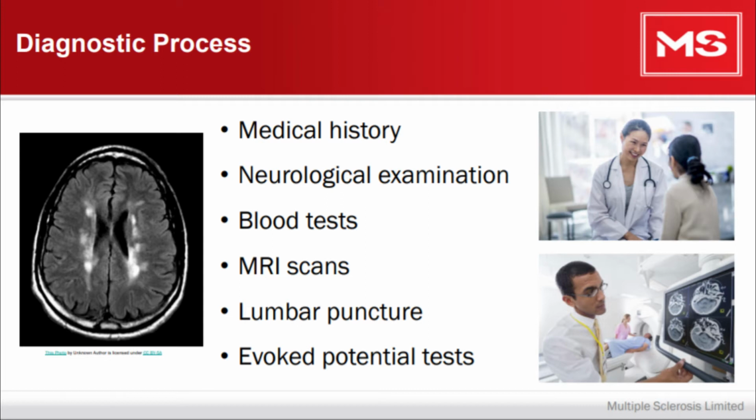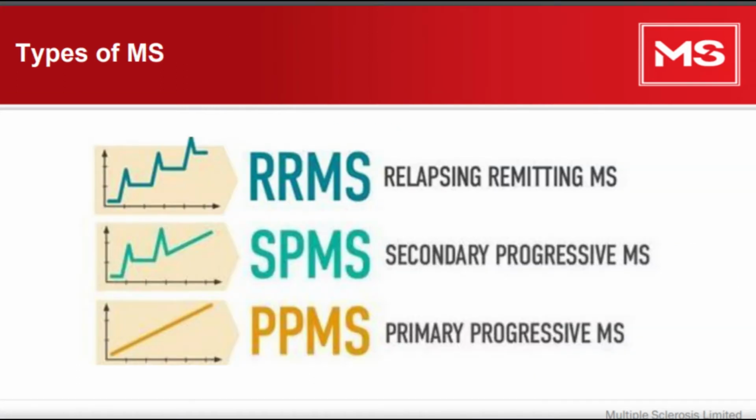So there are different types of MS, and currently this is how we have them categorized. I'm sure as we understand more, this will probably change, but this is how we're categorizing it currently. So most people with MS have a type called relapsing remitting MS. About 85% of people with MS have relapsing remitting. And this is time on this axis, and this is disability or disease progression on the y-axis.